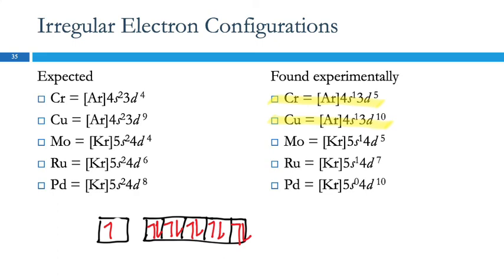It's like, well, he didn't get his own bed. Why did he do that? Well, now we have this one that's completely full and that one that's half full. And people who like symmetry and order are like, well, yeah, that's better, right? So chromium and copper do that. These ones are fair game on a test.